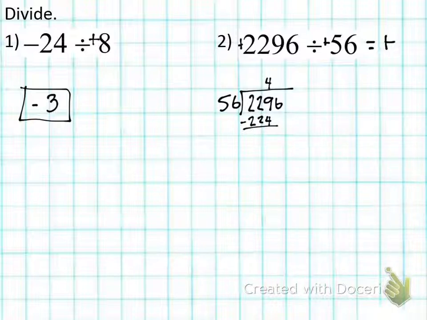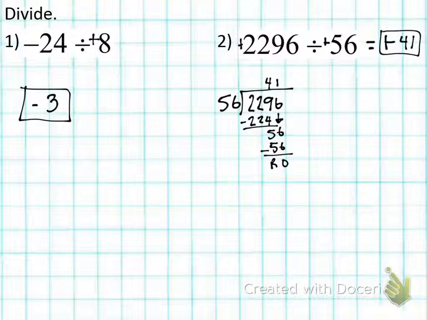Subtract. Got 5. Bring down your next number, which is a 6. Oh, look at that. That's perfect. 1 times 56 is 56. Subtract, and you get a remainder of 0. Therefore, your answer is going to be positive 41. Now, you don't have to explicitly put the positive sign, but for today, let's just do that, okay?